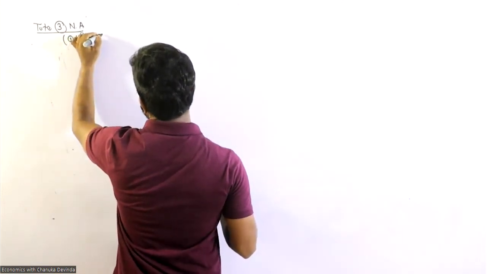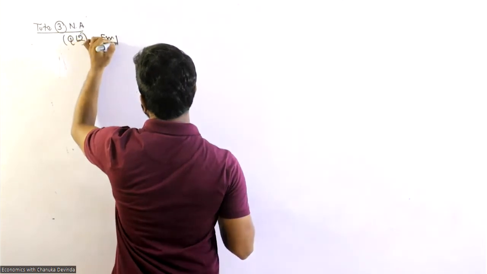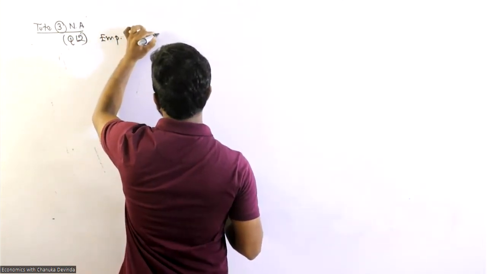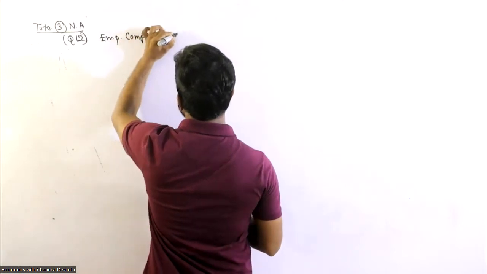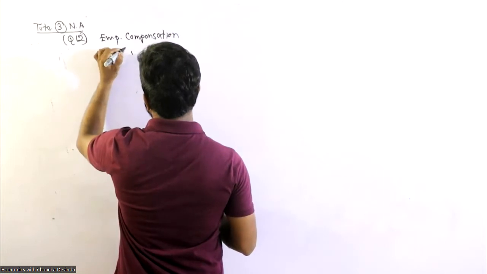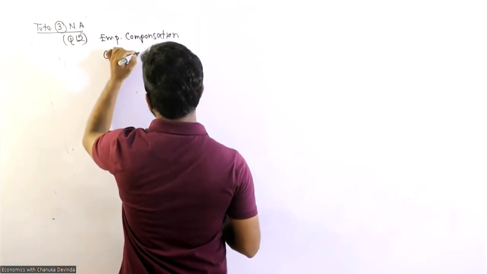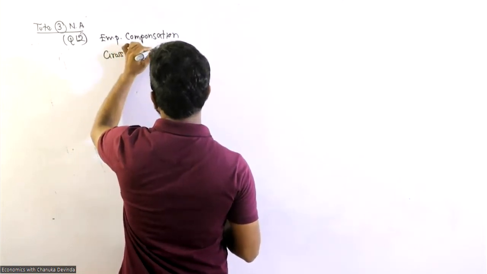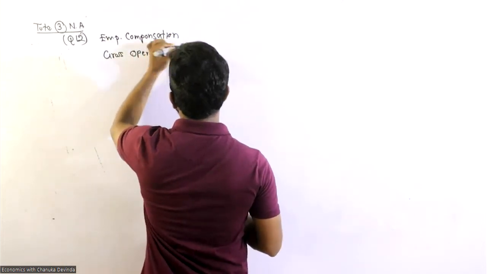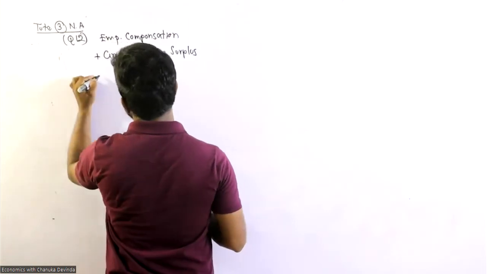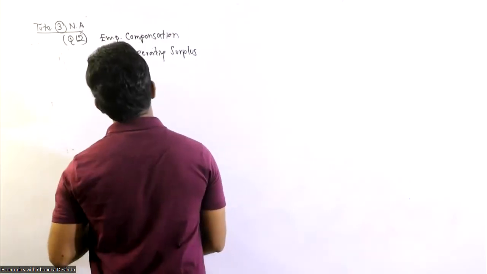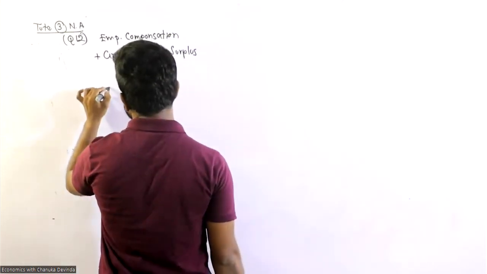It is employee compensation, plus gross operating surplus, plus what else? Net tax on production.